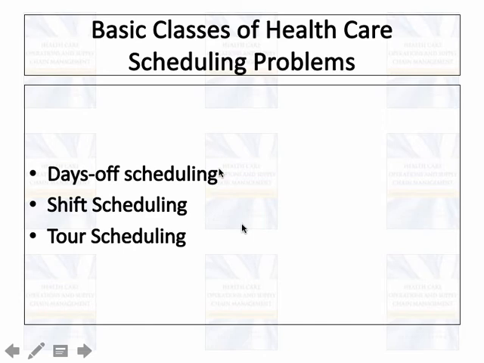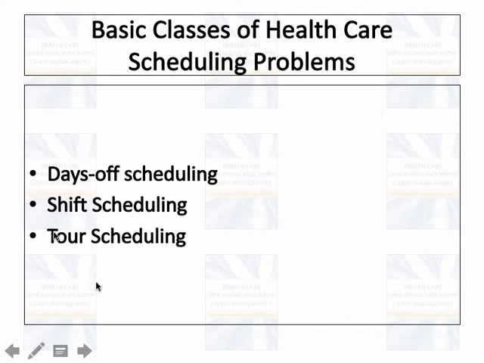There are some basic classes of healthcare scheduling problems. What type of healthcare scheduling problems do we face? There are different issues, like scheduling days off: how nurses and doctors take days off, and how long in advance they need to let you know, because you might have different requests from hospitals, nurses, or doctors.